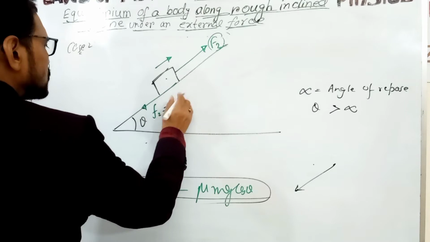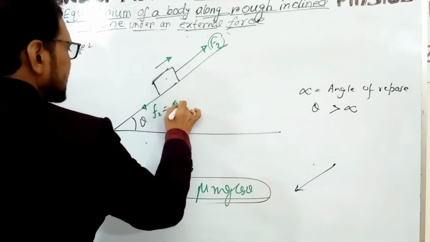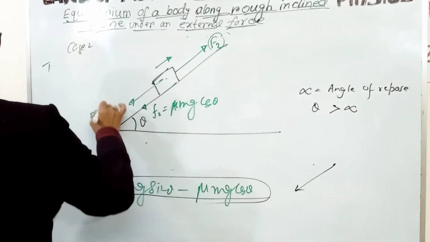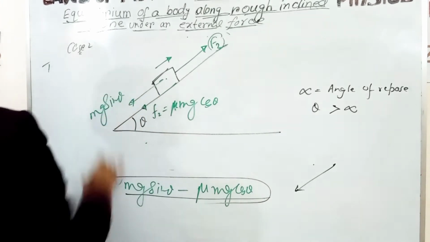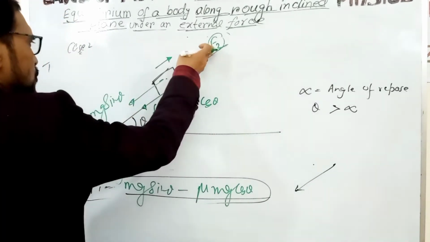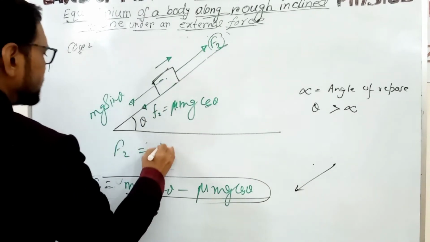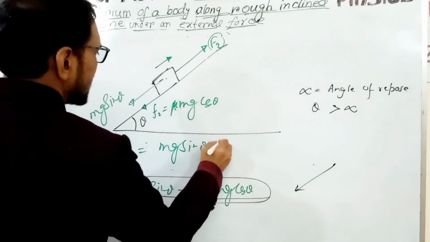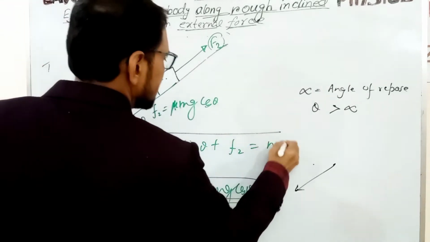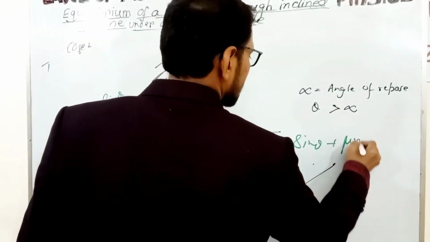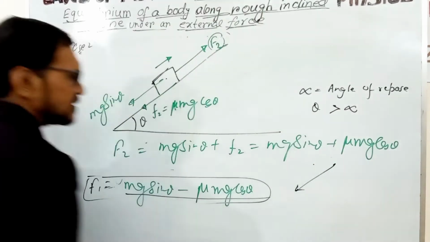So this is the friction, which is equal to mu mg cos theta. Now weight acts in this direction, mg sin theta. Now what force balances? Here F2 balances this plus this, so F2 equals mg sin theta plus mu mg cos theta.